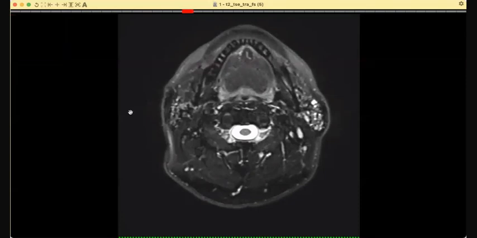So this is a 53-year-old female, recurrent bilateral neck swellings, oral thrush. Over to you. Thank you. Just requesting control.